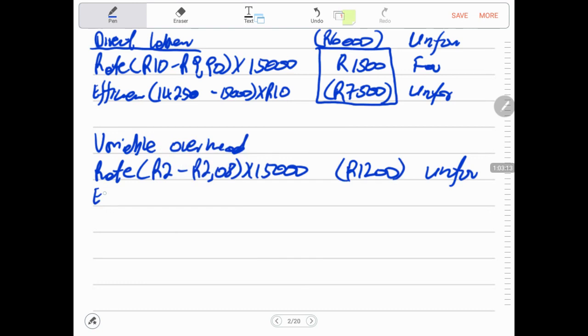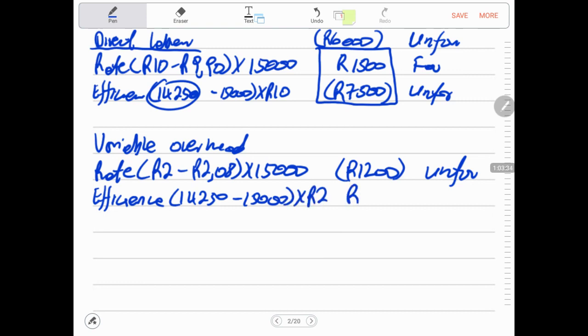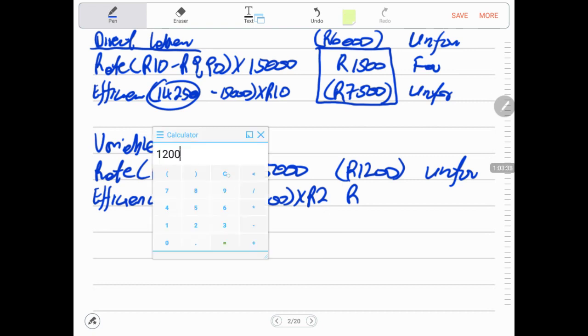Then we go to the variable overhead efficiency, which is standard hours. Remember, standard hours, they don't change. It is still the same, 14,250. Actual hours 15,000, nothing changes. Standard rate is 2 rand. Then the variance here is likely to be unfavorable.